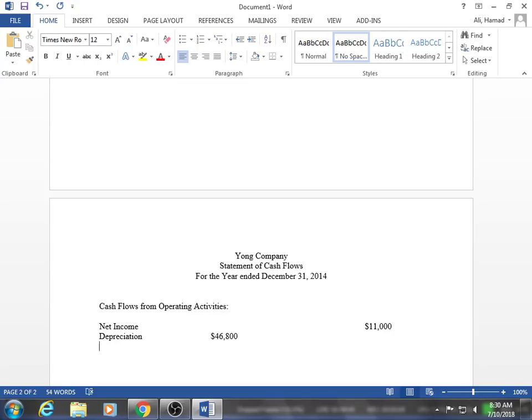Okay, what else do we have? I see we have a gain of 7,000, gain on sale of furniture. So that is a negative. So we have gain on sale of furniture, for 7,000 negative, so I'm going to put it between two brackets: negative 7,000.